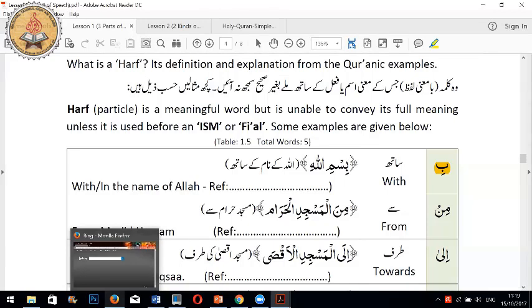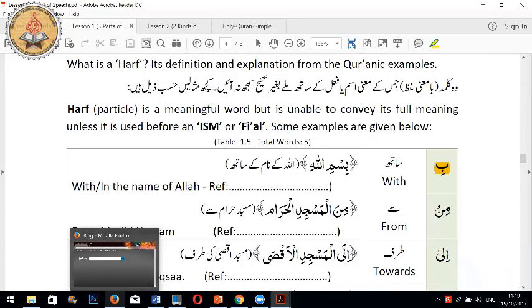But remember that the Holy Quran begins with a harf, not a noun, not a verb, with a harf, particle, B. The very first letter of the Quran does not relate to a noun or a fi'l verb, but to a particle, B, which means with.